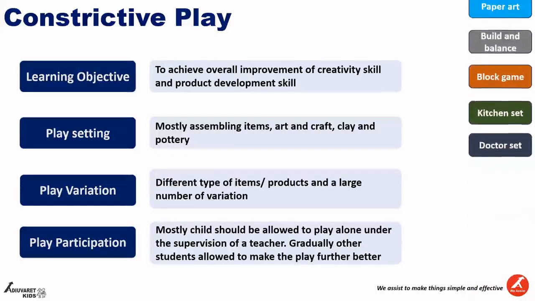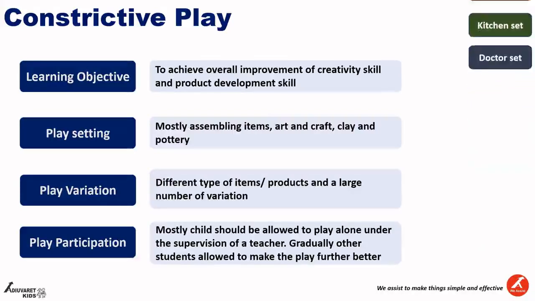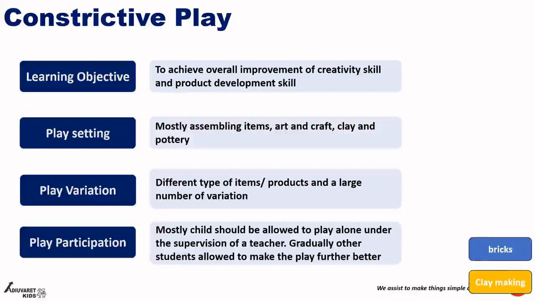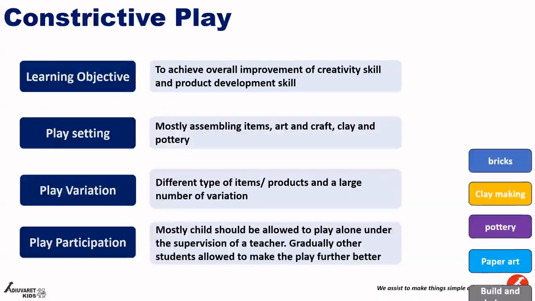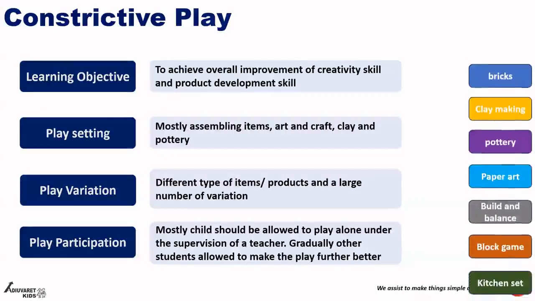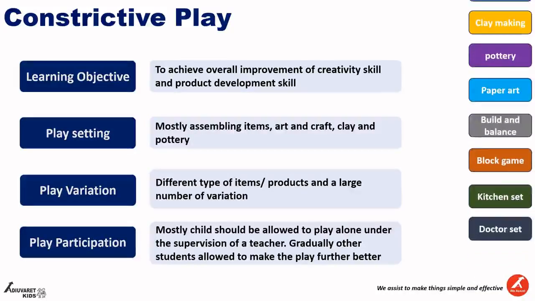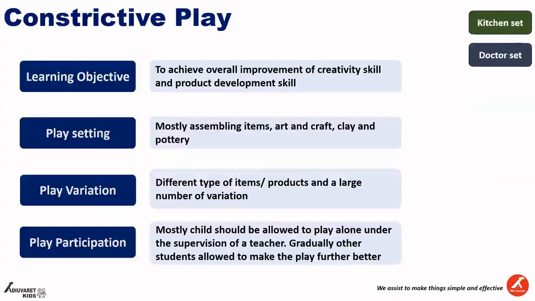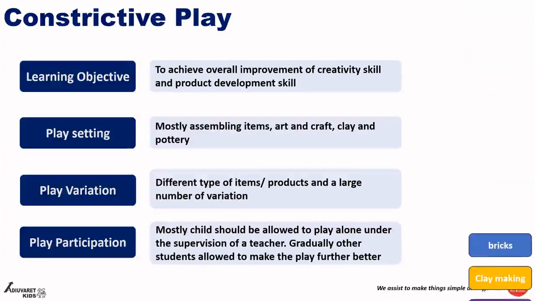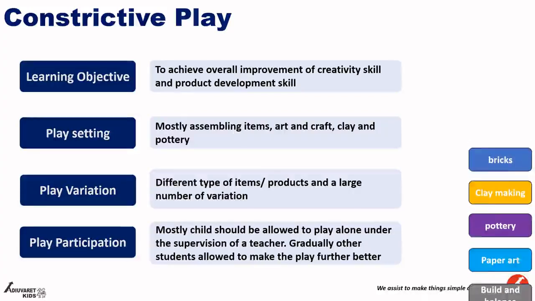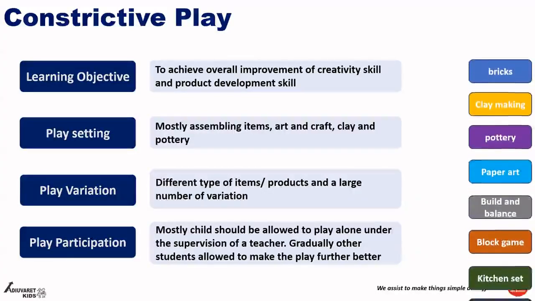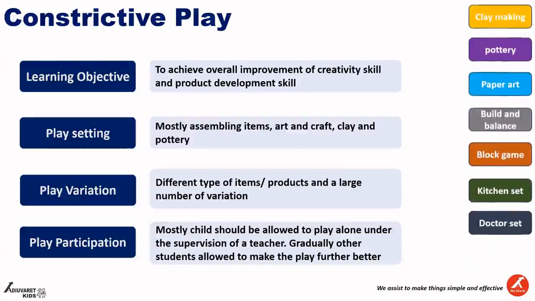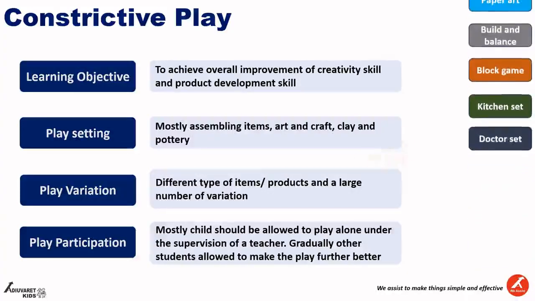But later, when team participation is expected, then the teacher has to define the roles for each child so that they can come as a team and create something together. That should come later, but the first and important thing is that a child should be given the chance to do such activities alone with the supervision of a teacher.